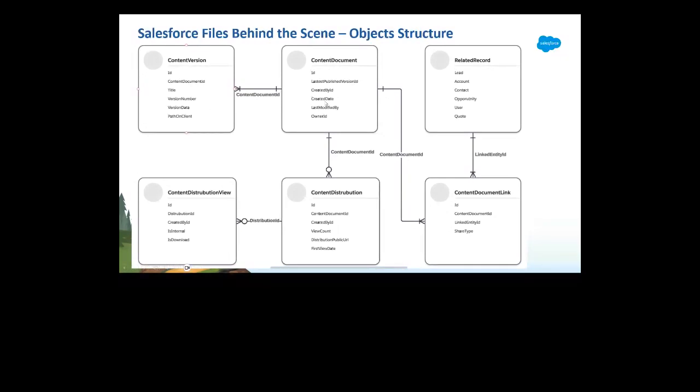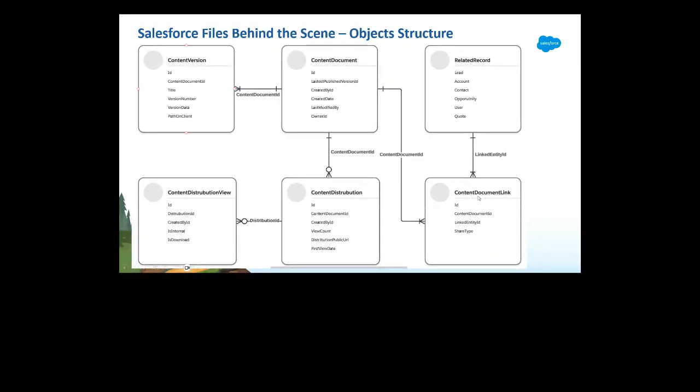But the content document holds the properties of your file, like who created it, who modified it, who is the owner, and what is the latest published version. Then the content document link. This is the object which holds the information about the users and the records who have access to a particular file.